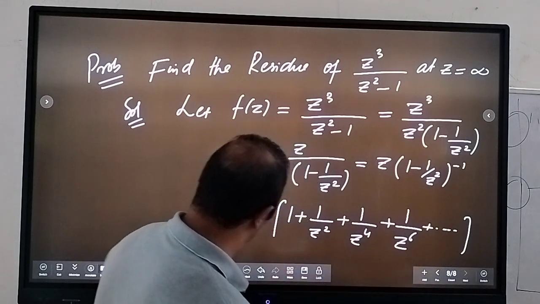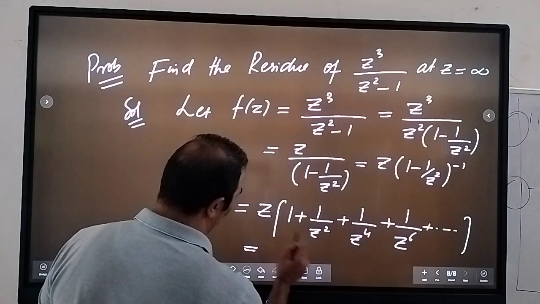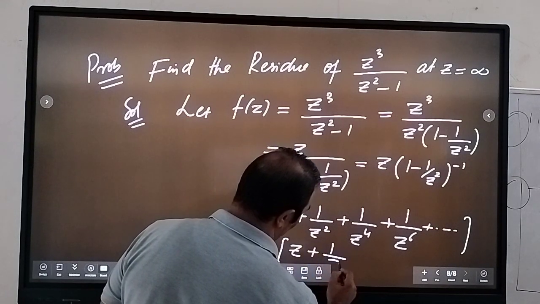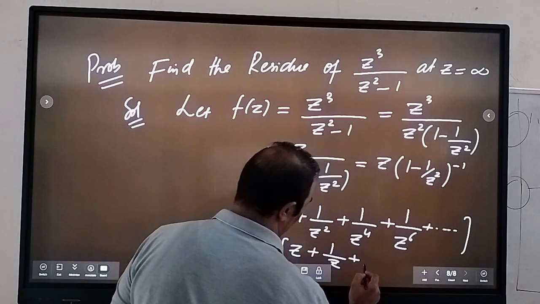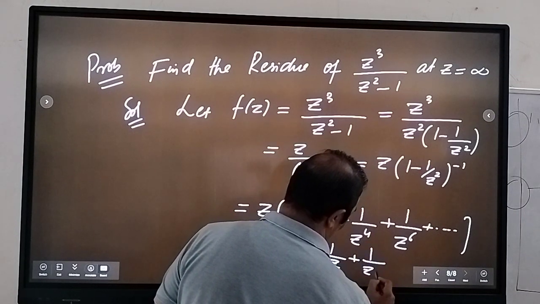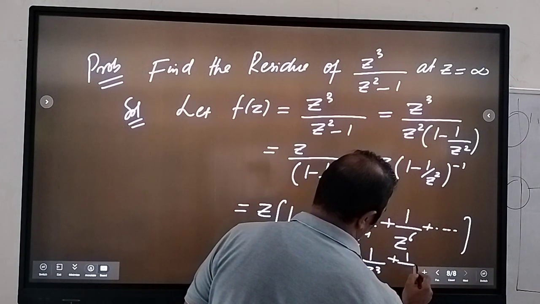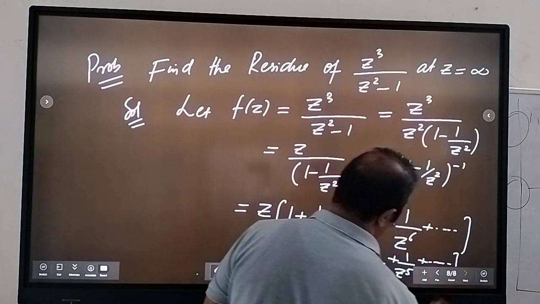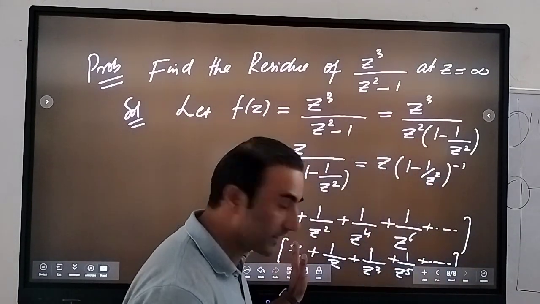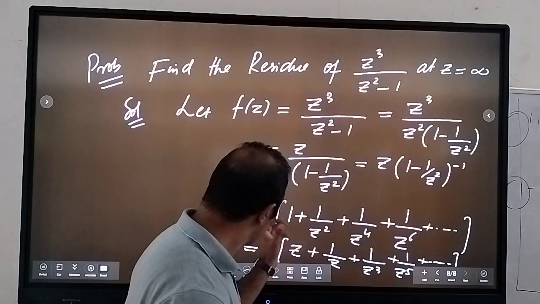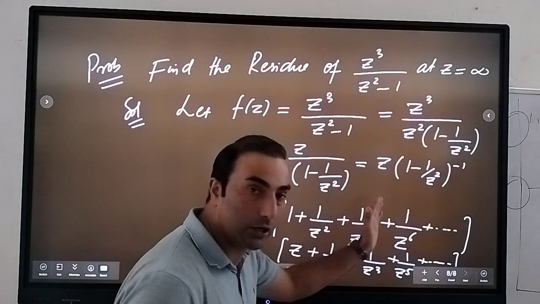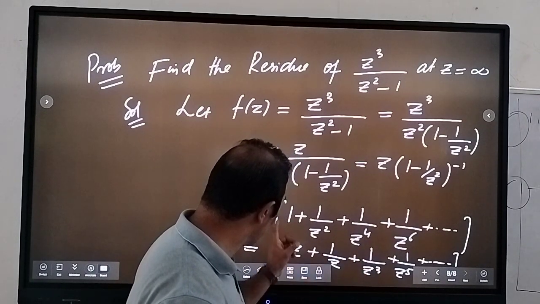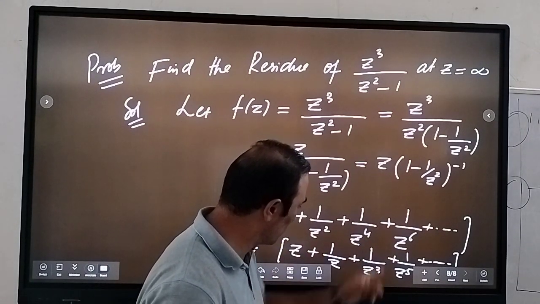I can simplify this further because we need to multiply by z, so we multiply z with each of these terms. The first term will be z, so this will be z plus 1 by z plus 1 by z cube, right?